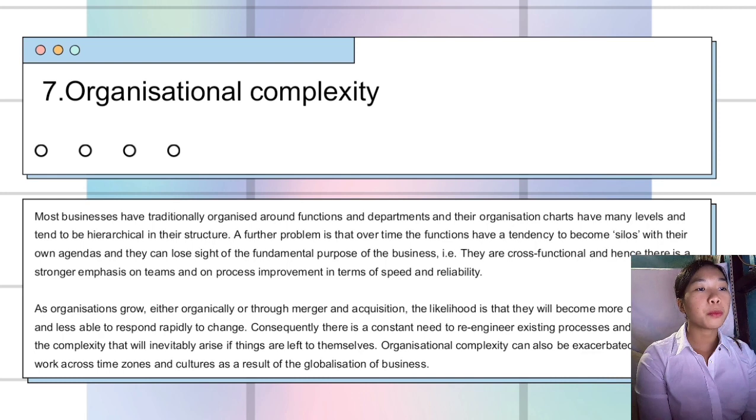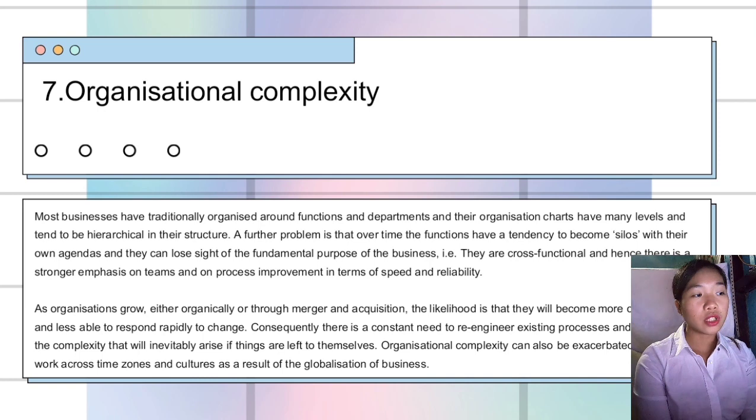A further problem is that over time, the functions have a tendency to become silos with their own agendas, and they can lose sight of the fundamental purpose of the business. Instead, organizations should be cross-functional, with a stronger emphasis on teams and on process improvement in terms of speed and reliability.